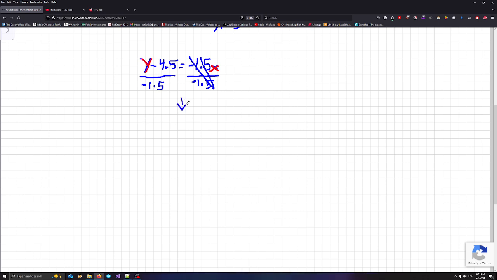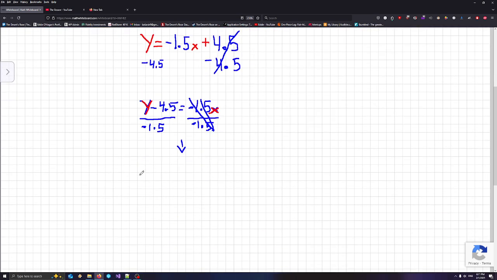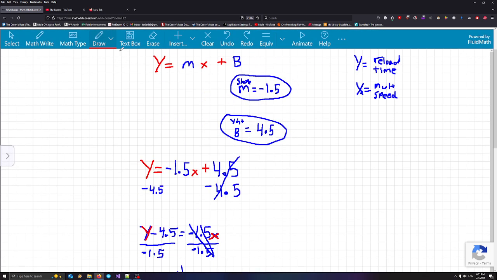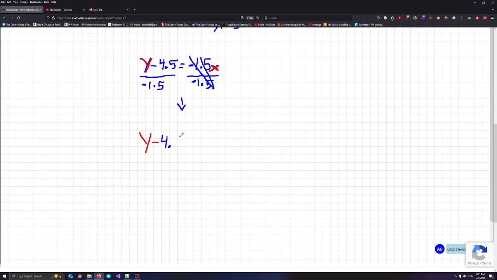So our final equation, let's clean this up a bit, is y minus 4.5 divided by negative 1.5 equals x.